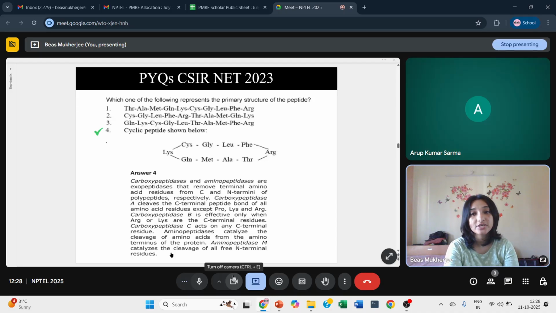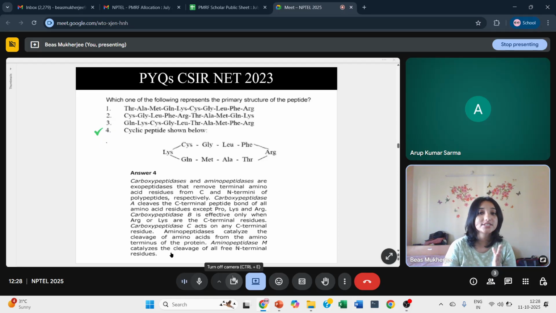Carboxypeptidase A cleaves the C terminal peptide bond of all amino acid residues except proline, lysine and arginine. Carboxypeptidase B is effective only when arginine or lysine are the C terminal residues. Carboxypeptidase C acts on any C terminal residues.